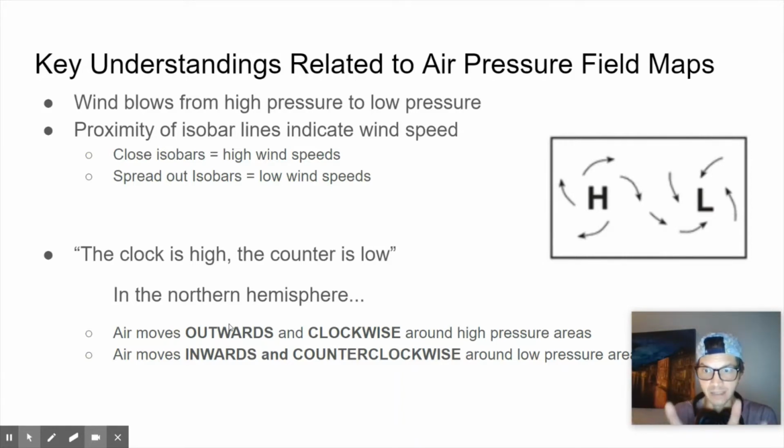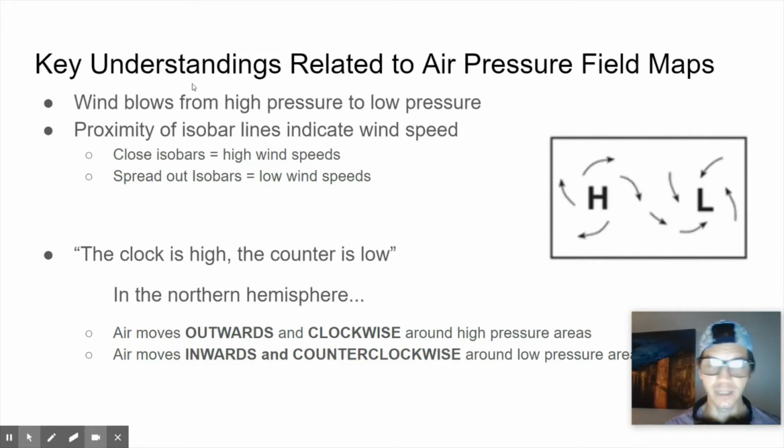As air is lifting up at a low pressure area, that's going to cause the rest of the air to move inwards. So that's why at a low pressure area, it moves inwards and counterclockwise. And then as the air comes down, creating a high pressure area, after it reaches the surface, it's going to be spreading out. So that's why at a high pressure area, we see clockwise and outward motion of air.